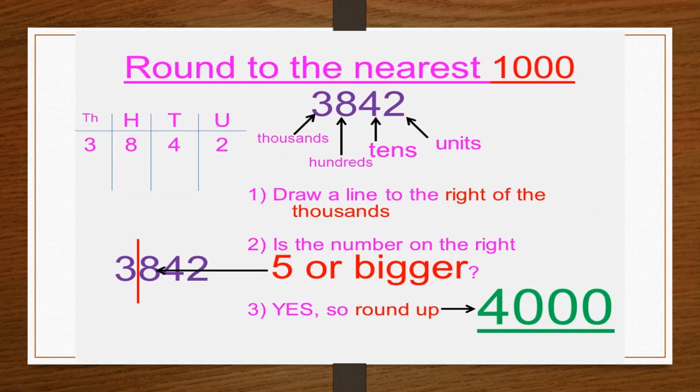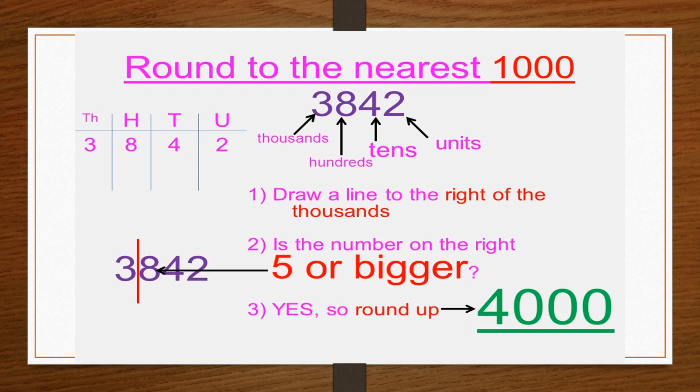Let's take an example for my little students. See, you have given one example, round to the nearest 1000 and the number is 3842. So, for rounding this number to the nearest 1000, you have to see the 100th place. Here, 2 is at 1's place, 4 is at 10's place and 8 is at 100's place.